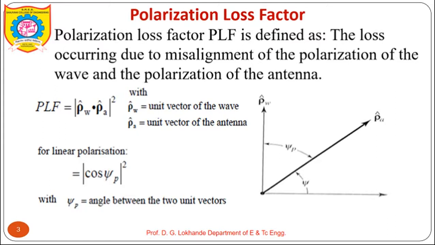So the formula for the polarization loss factor is equal to the determinant value of ρω · ρA, where ρω is the unit vector of the wave and ρA is the unit vector of the antenna, and the determinant value is squared. For linear polarization, that can be observed as cos of ψp, whole square, where ψp is the angle between the two unit vectors.